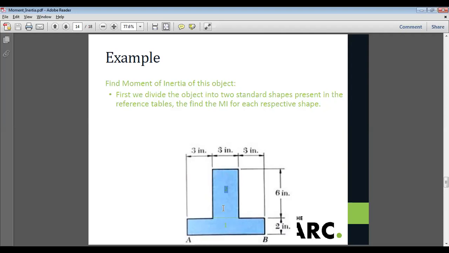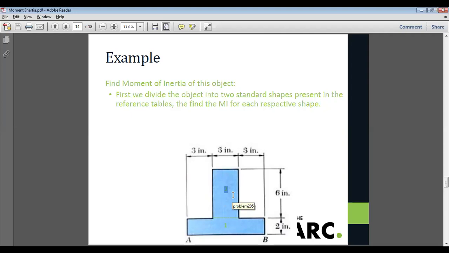So many sections we can make, but the moment of inertia is not going to change anyway. We can take two, three or four sections, whatever is convenient, in order to get the moment of inertia.